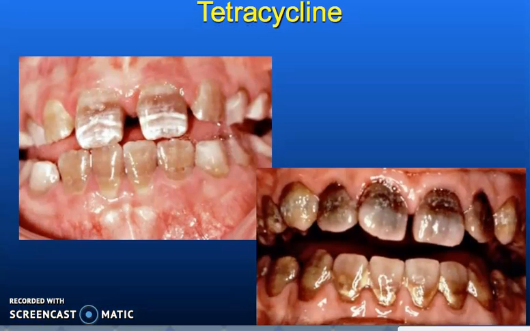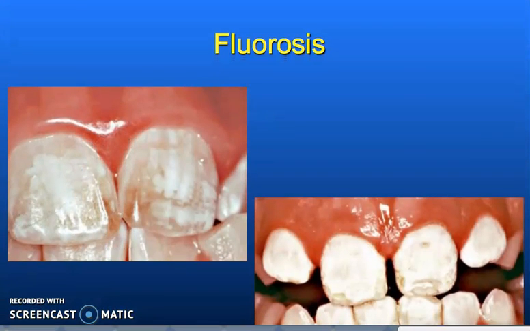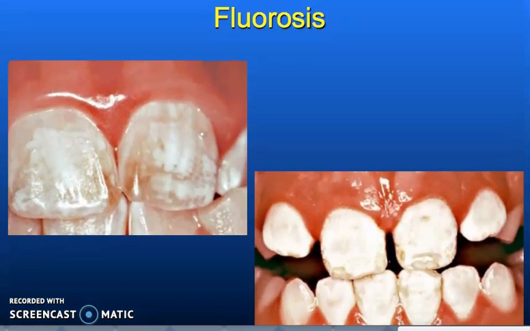And more tetracycline. So obviously it's in stages. This is called fluorosis. This is a hypocalcification of the enamel. This is where the person's been exposed to too much fluoride when the teeth were developing.